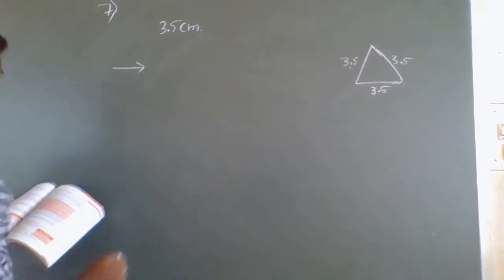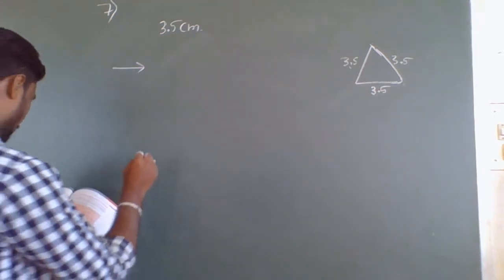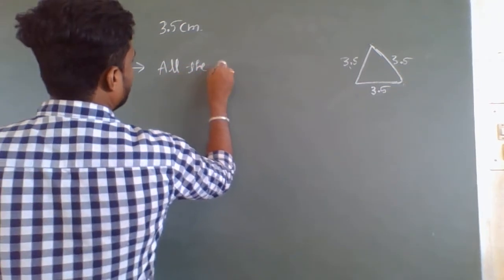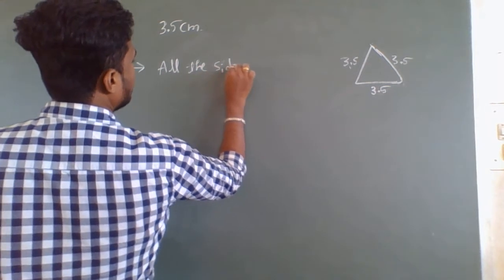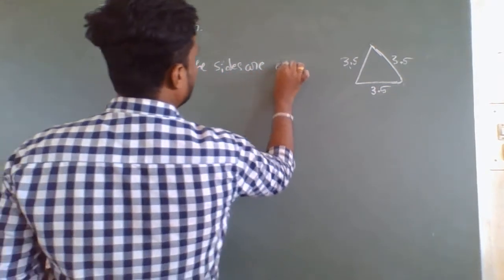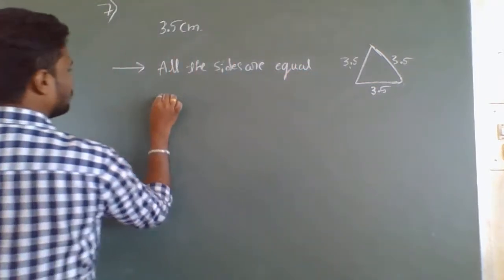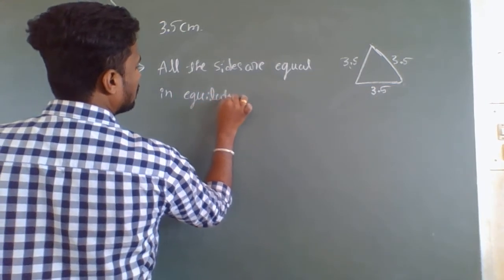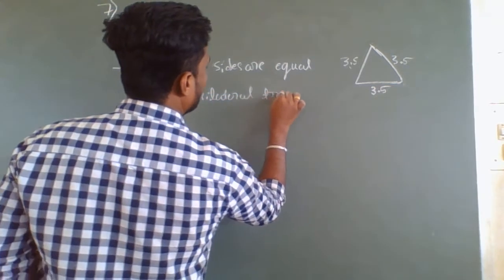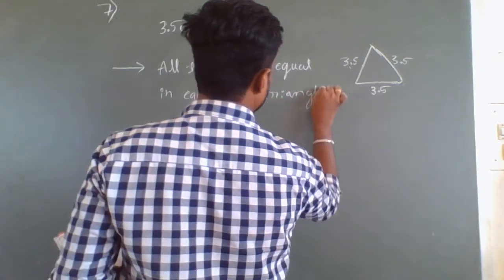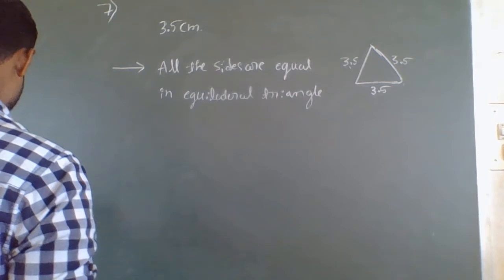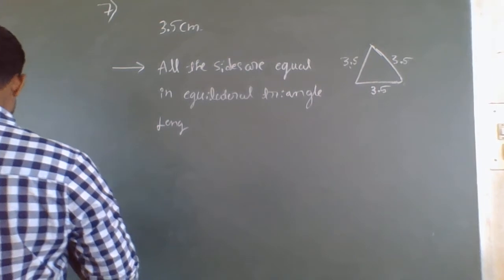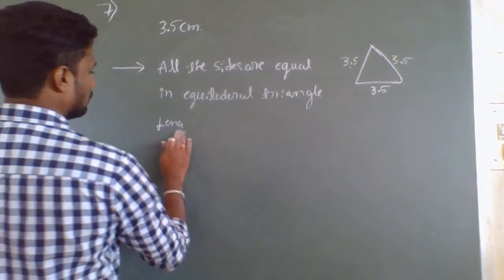In the solution they have given that all the sides of an equilateral triangle are equal. So the length of each side, we are given that.